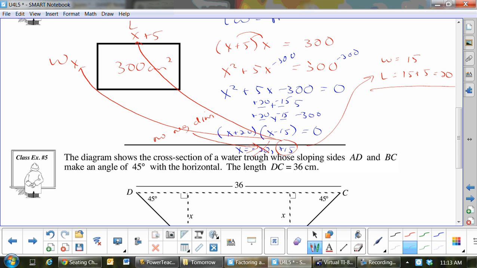Haven't answered the question yet, though. So what is the formula for perimeter? 2L plus 2W. So P equals 2 times 20 plus 2 times 15. So actually the perimeter equals 70 centimeters.